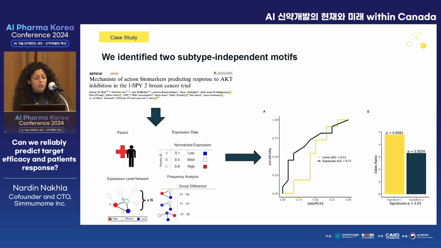And we found signatures. We actually found 2 signatures specifically that were significantly associated with lack of response. And we used this on a test set of the patients to see, can we predict the responses of those patients that weren't part of the training set? And we were able to do that.